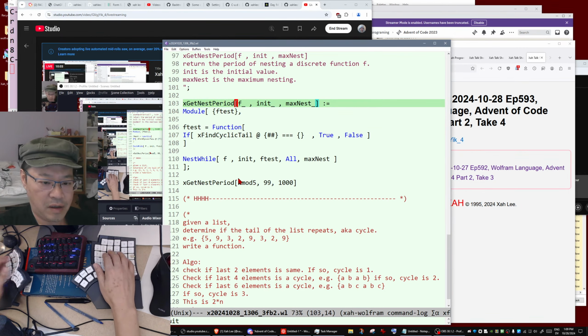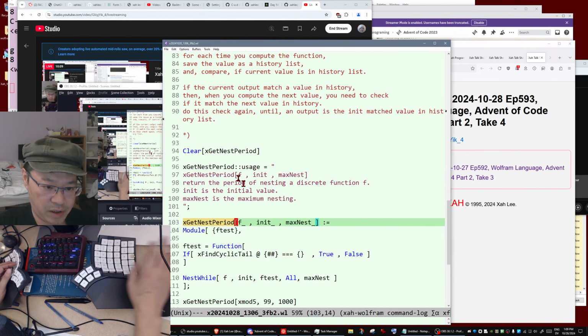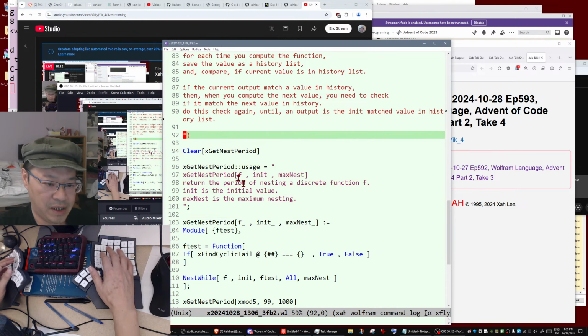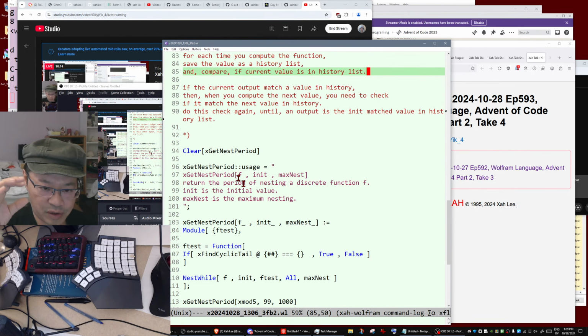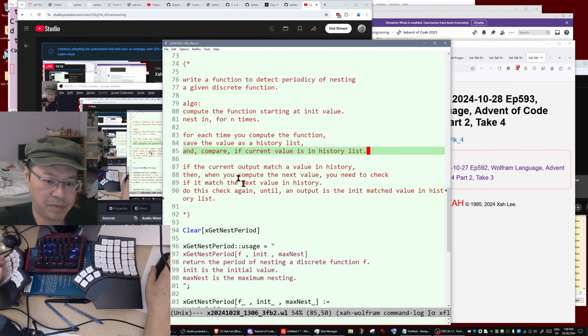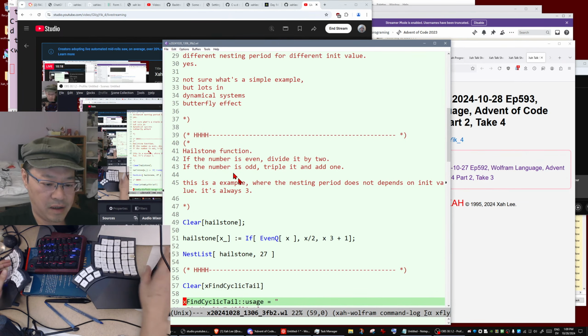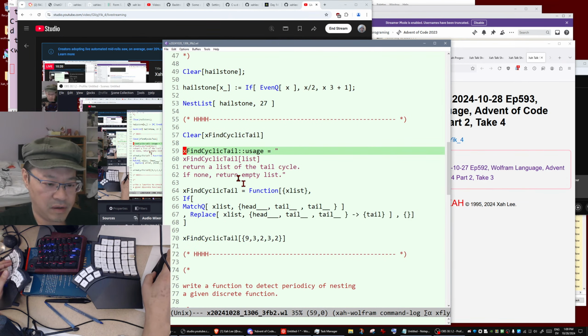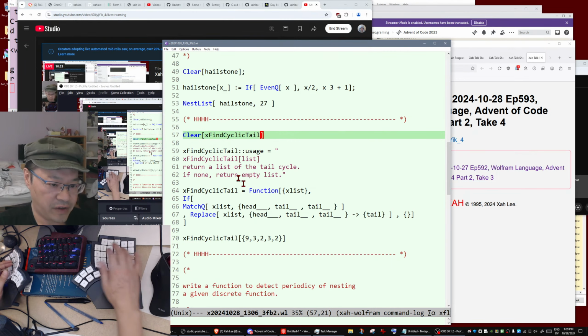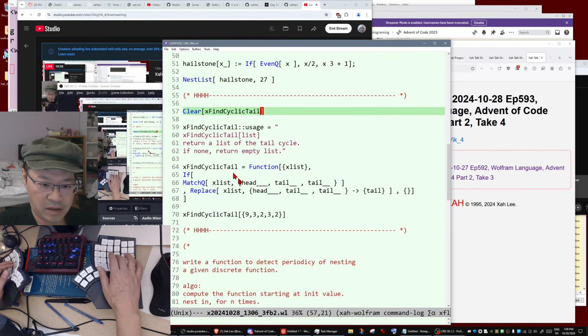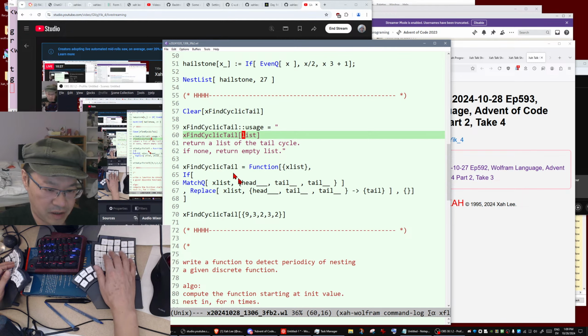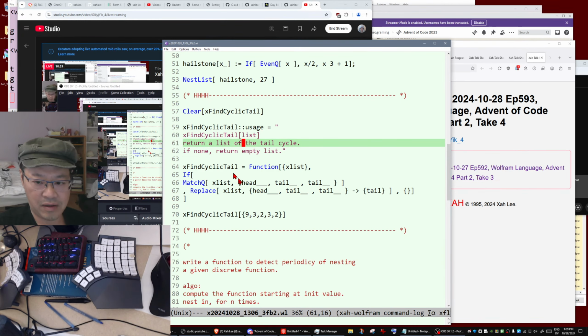Okay, but in order to write this function, yesterday we explored and found out we need a function such that, given a list of items, let me show you here. We want to write this function find cyclic tail. So this function takes a list, and you want to find out if the tail of the list is repeated.